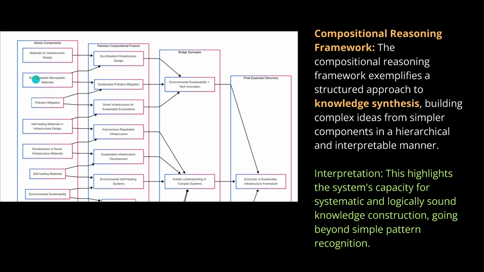So we have here, I don't know, materials for infrastructure design or biodegradable macroplastic. And then suddenly the pairwise fusion is eco-resilient infrastructure design. I'm not sure. Let me reformulate the question. Is this a low complexity?